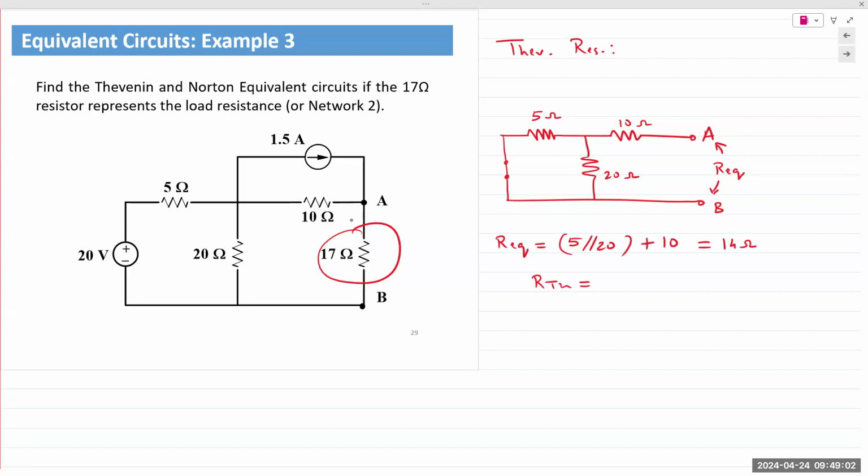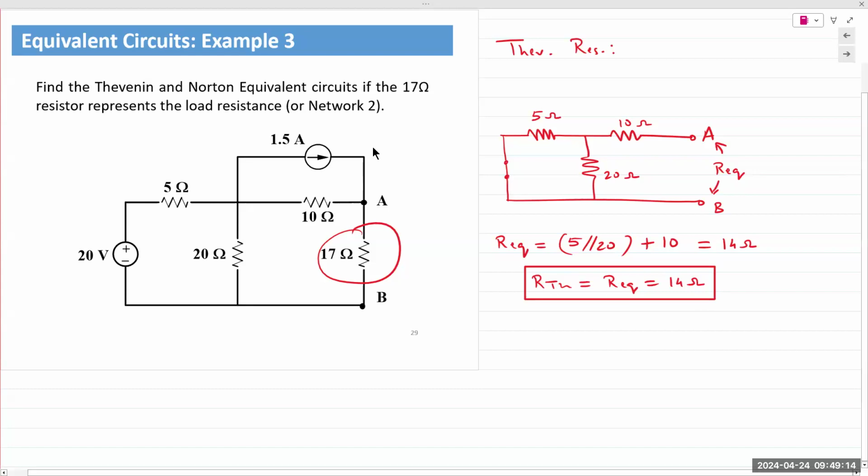So RTH is equal to REQ, 14 ohms. Again, I directly drew out the circuit, but for every circuit, the 17 ohm resistor is not part of the analysis.